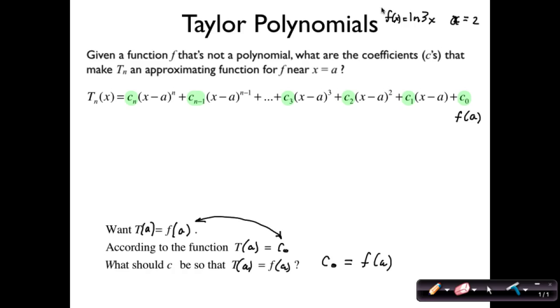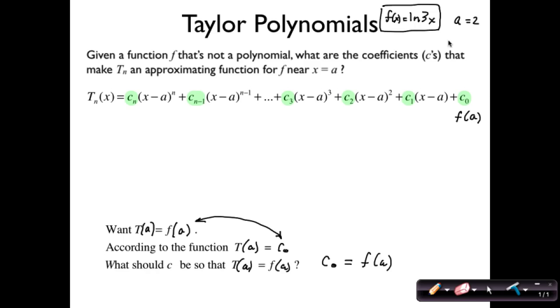I want to replicate the function ln of 3x centered at a equals 2. What am I going to make the constant value in my Taylor polynomial? Yeah, natural log of 6. He wants natural log of 6. Agree with that? Yeah, it's f of a, right?